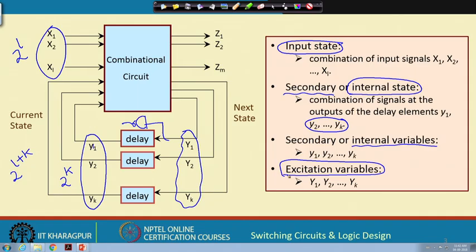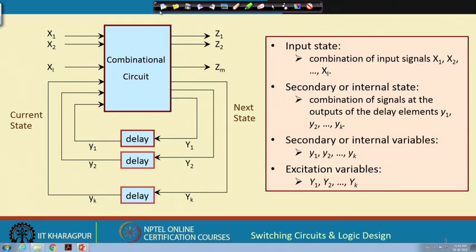Now, the point to note here is that for an asynchronous sequential circuit, there are no clocks. There is no signal coming from outside that tells you when this Y 1 will be copied to small y 1. For a synchronous circuit, the clock did that, but here this will happen after the delay of the gate.